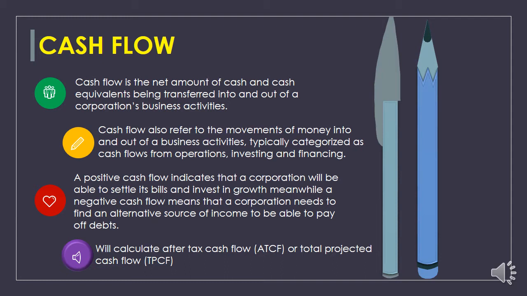Meanwhile, a negative cash flow means that a corporation needs to find an alternative source of income to be able to pay off its debts. To answer the purpose of this chapter, at the end, under cash flow, you will calculate the after-tax cash flow, ATCF, or the other name, Total Projected Cash Flow, TPCF.